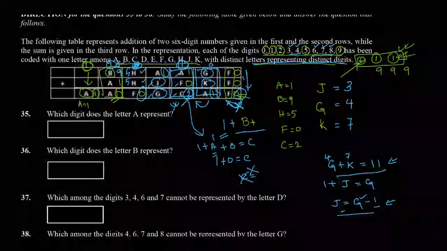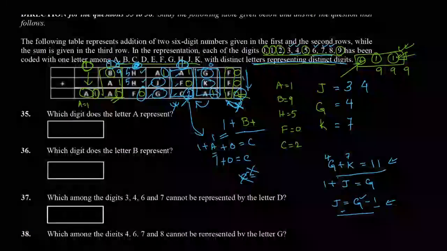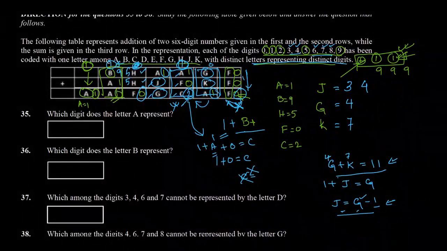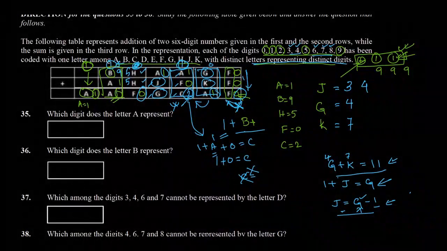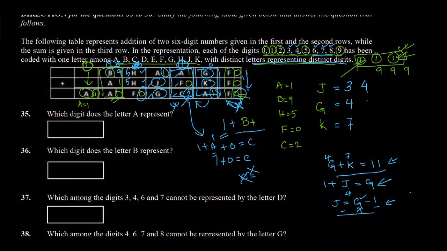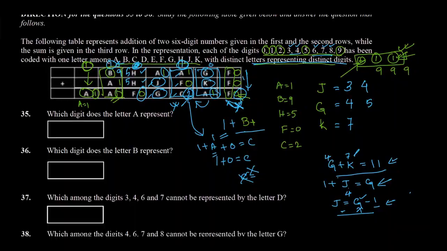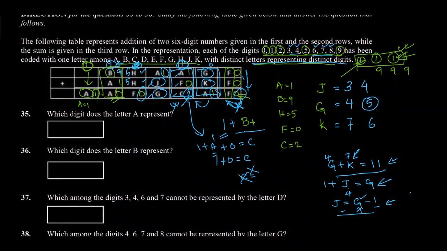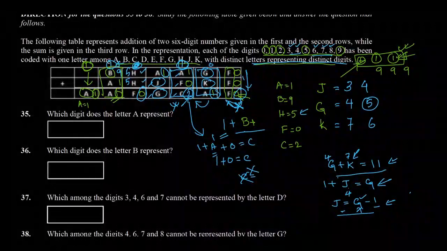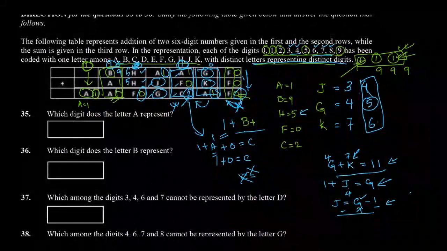Next, let's assume j to be 4. If j is 4, then g becomes 4 plus 1 equal to 5, and k becomes 6. But 5 is already taken up by h, so this cannot happen. This is not possible.